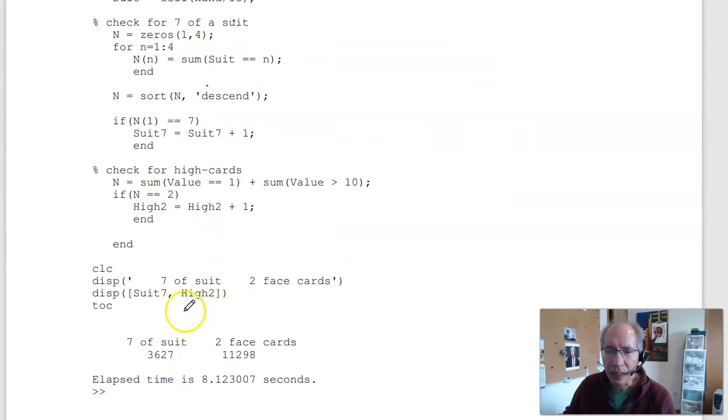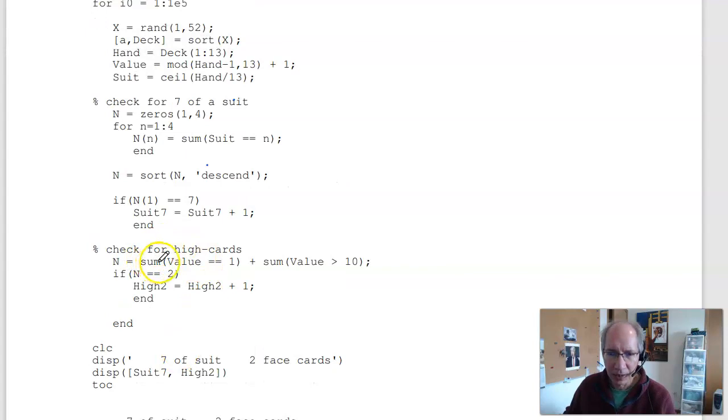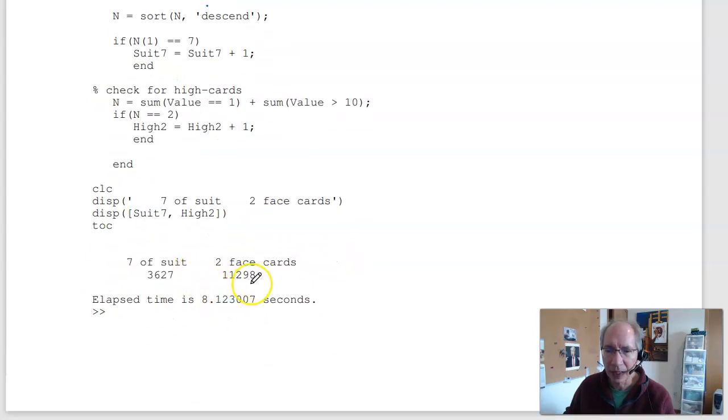I will then count how many times I had 7 of a suit. In terms of face cards, if the value is 1, meaning an ace, or the value is more than 10, jack, queen, king, I'll increment the second counter. And I had 11,000 hands with 2 face cards.